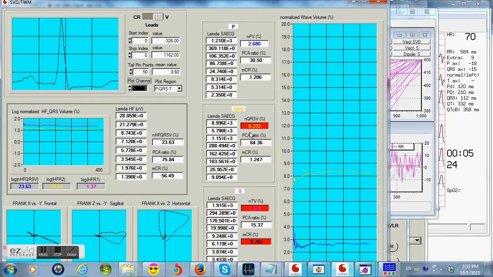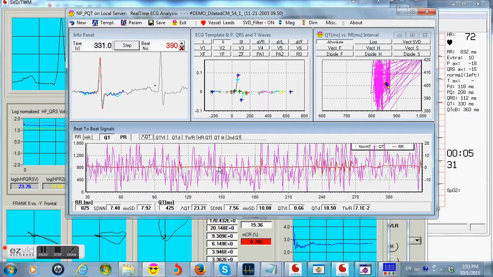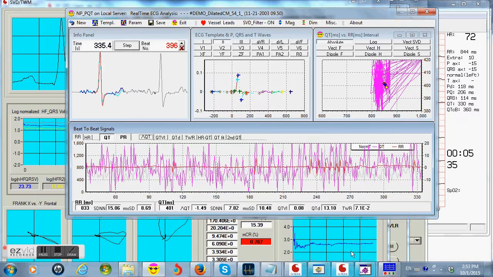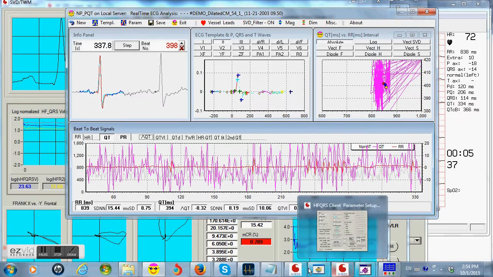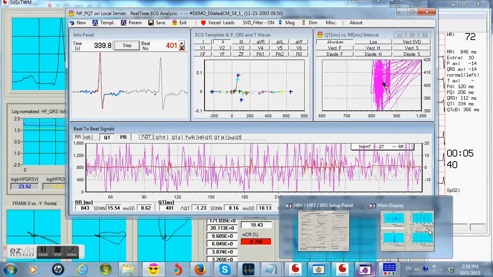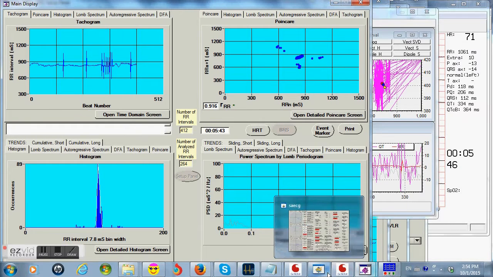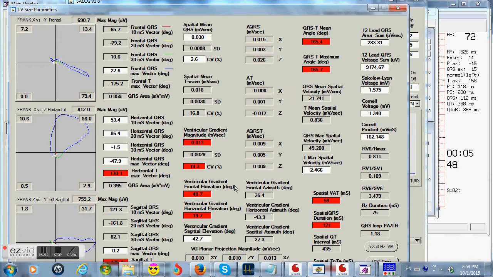So abnormal T wave complexity, QRS wave complexity, abnormal QT variability, which is very severely abnormal. We see the superimposed PVC effect on the QTV as well in the upper right, and the abnormal heart rate variability, which we discussed, and finally the very substantive abnormal 3D ECG.